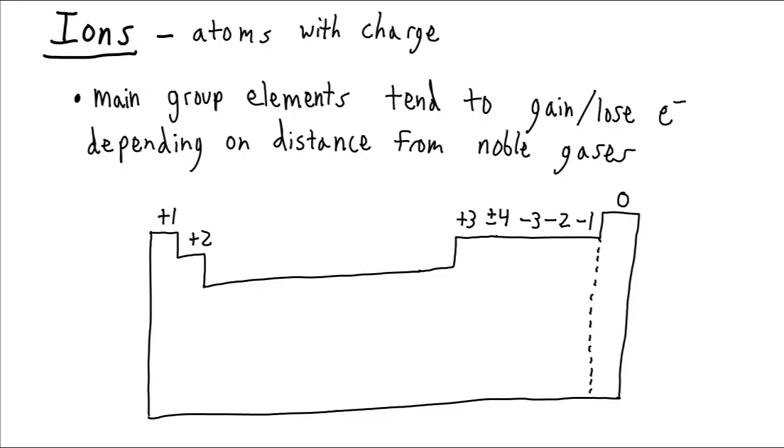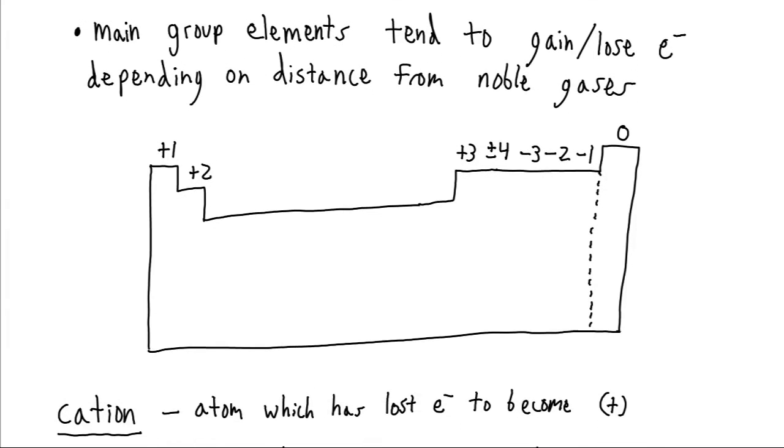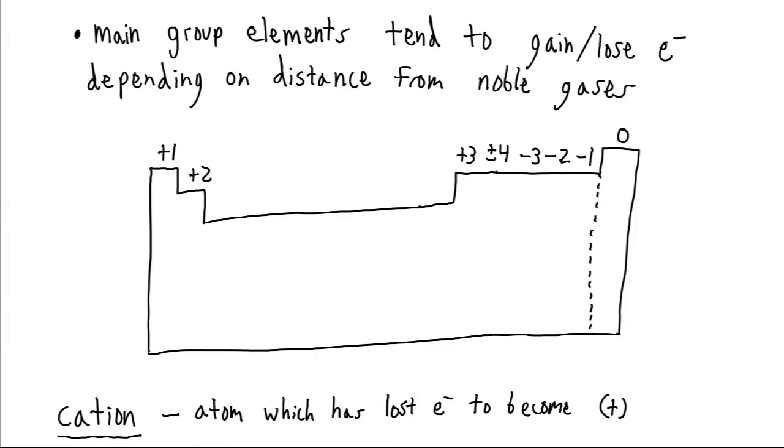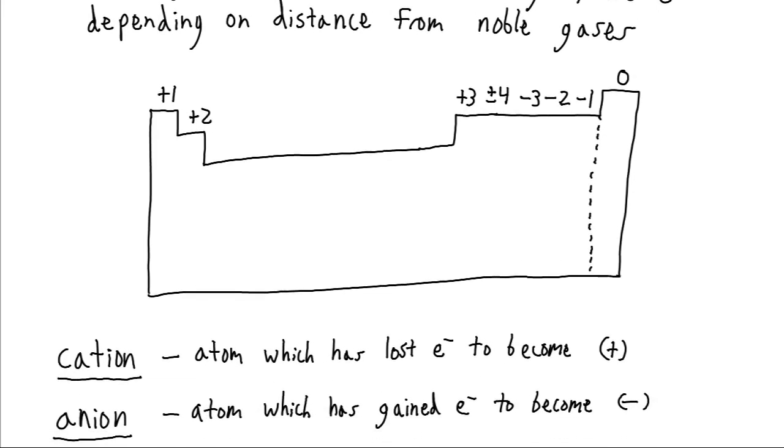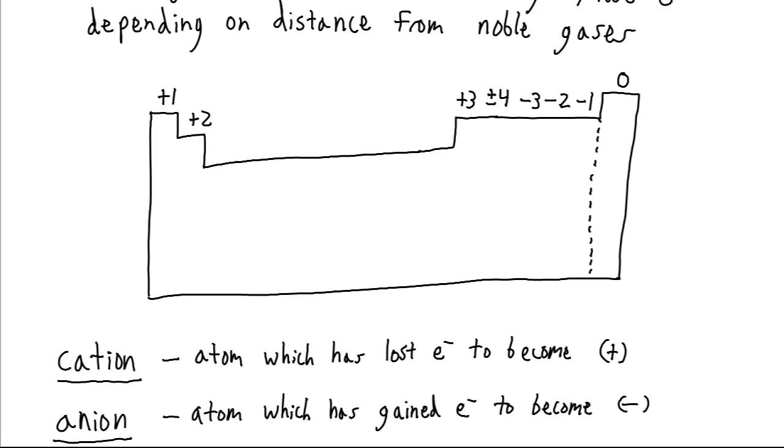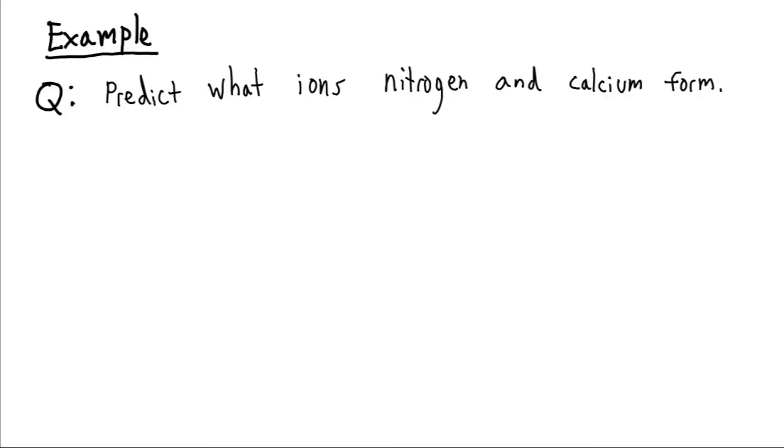Now for these ions which give up their electrons and get a positive charge, we call those cations, those atoms which have lost electrons. Conversely, for our ions where we've gained electrons, these are called anions. Well, let's say that we want to predict what ions nitrogen and calcium are going to form.